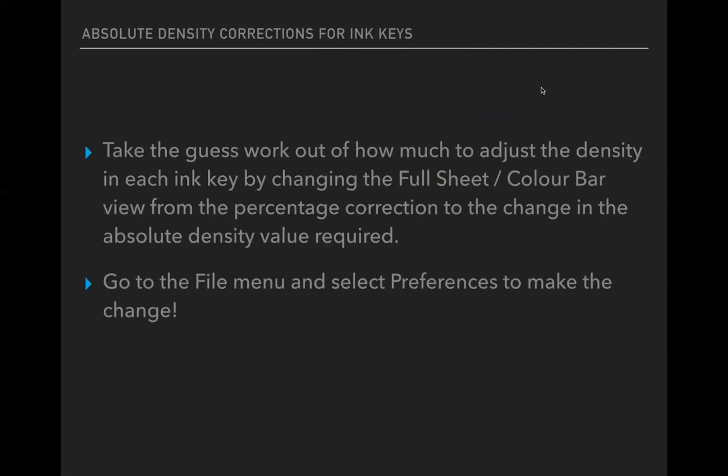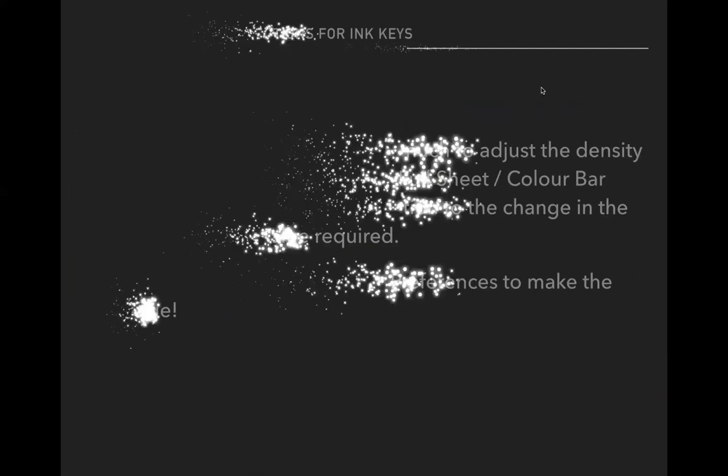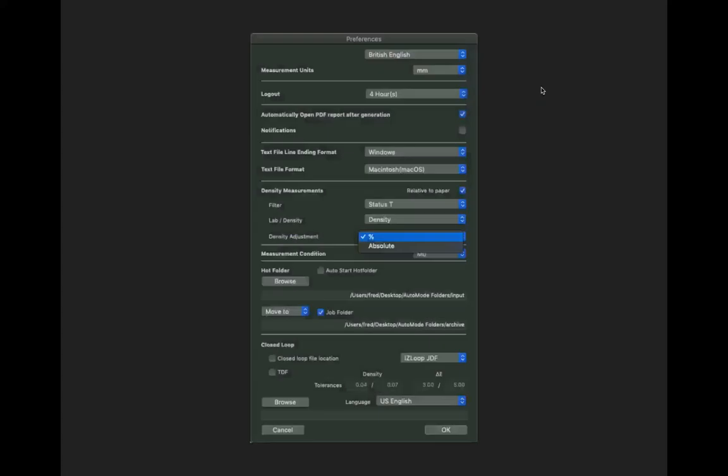Okay, you go to the File menu, select Preferences, and about halfway down the window, you'll see Density Adjustment, which has a drop-down list. Percentage is ticked by default.